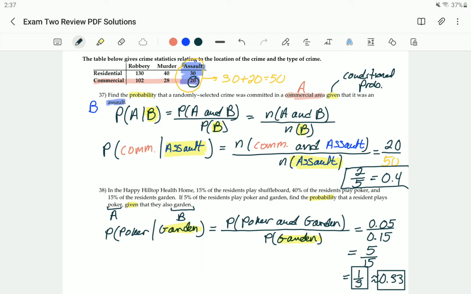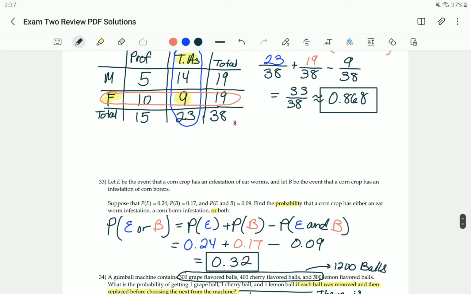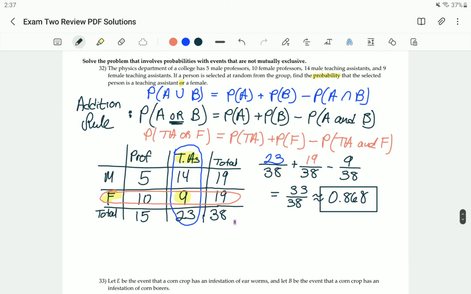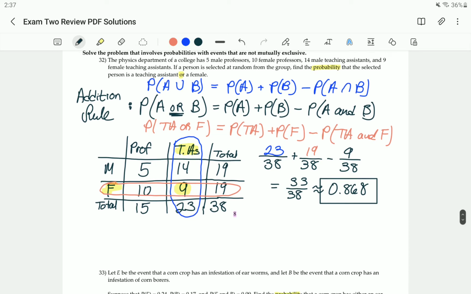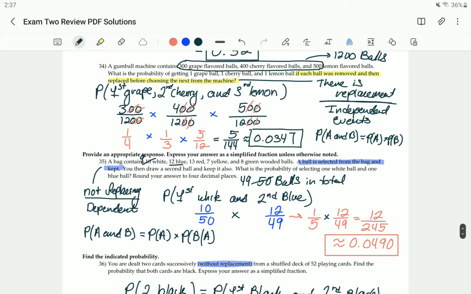Now, I want to point something out. Let's scroll up to question number 32. The word or in a probability question means to use the addition rule. When it comes to the word and, remember, it has to be one event after another. It means to multiply. If you are replacing, your denominators stay the same.